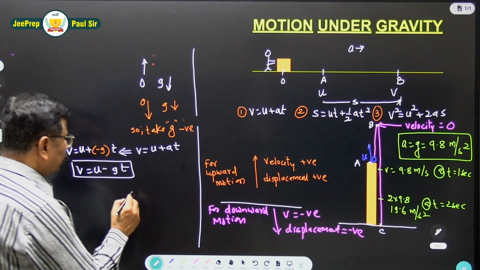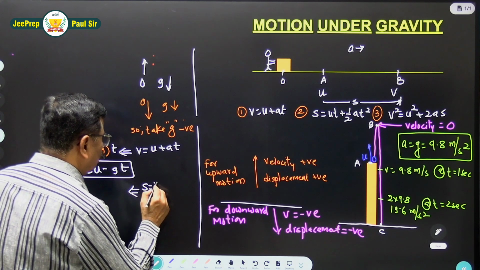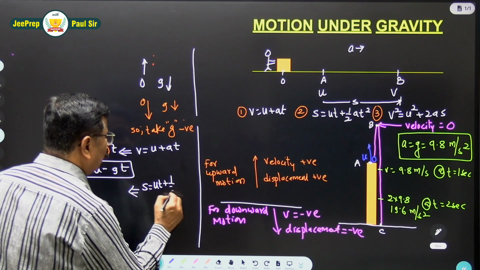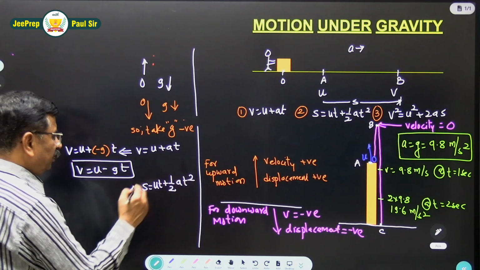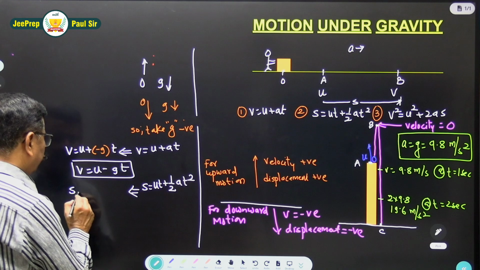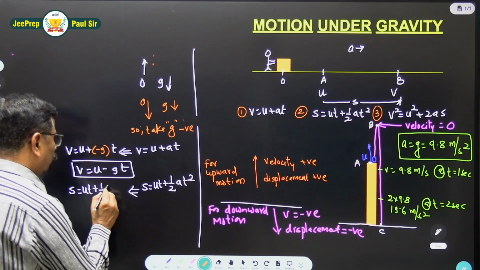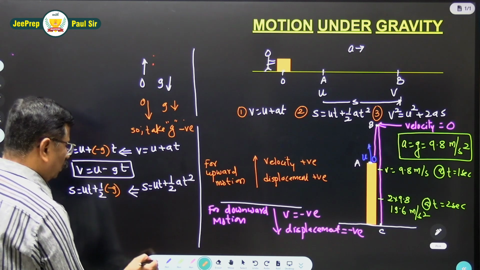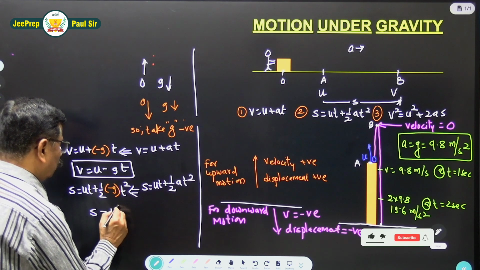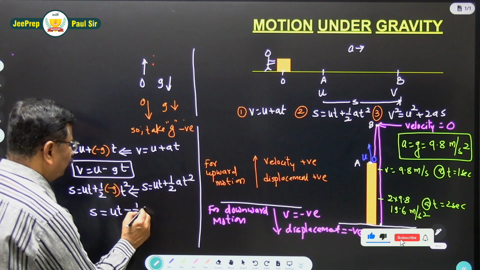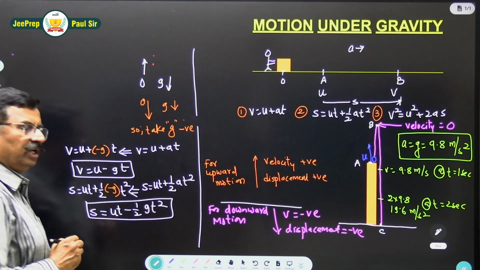What is the second kinematic equation? S is equal to ut plus half at square. So here in place of A write minus G, therefore this will be S is equal to ut plus half into minus G into T square. So therefore this becomes S equal to ut minus half GT square. So this is the second kinematic equation.